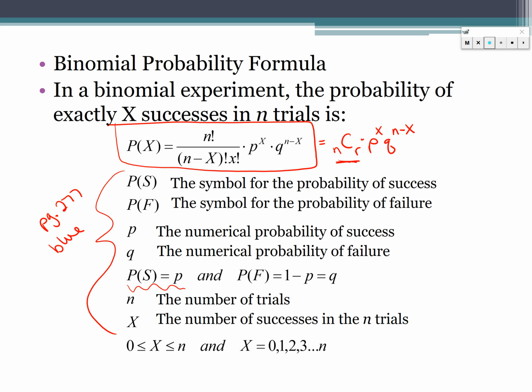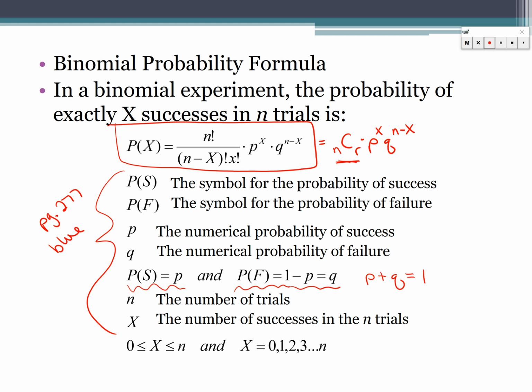Probability of failure, the symbol for that is P of F, capital P, capital F. But when it comes to the formula, it's going to be a little lowercase q. Probability of success plus the probability of failure, if you add those together, they need to equal 1 because those are my only two options.